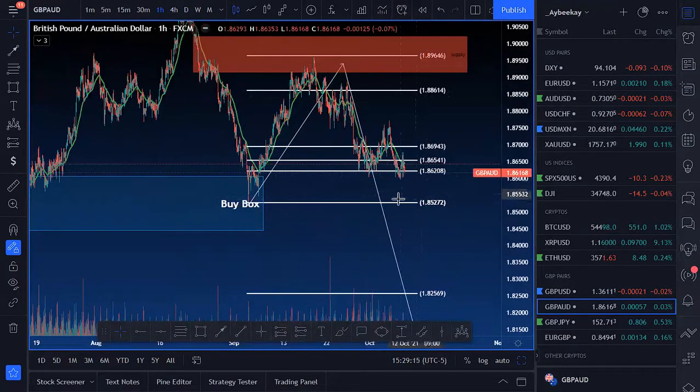So that's something that I'm going to be watching out for, especially since AUD USD, if it's going to fall, then GA might be going bullish. But with GA, it's like, okay, if the GBPs are weak and the Australian dollar is weak, then it's not going to move. If the GBPs are strong and the AUD is weak, then it's going to go bullish. And if AUD is strong, GBP is weak, then it's going to go bearish.